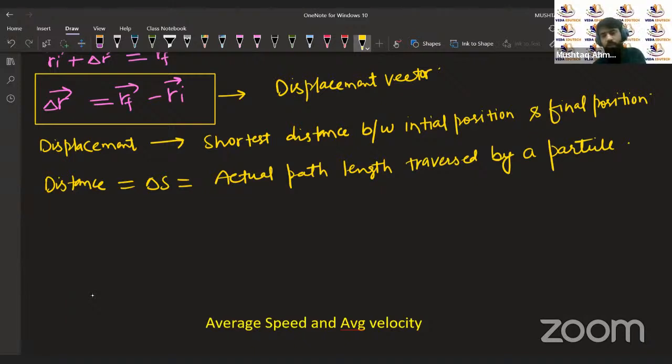Displacement is a vector quantity. It's the final position vector minus the initial position vector, directed towards the final point from the initial position. But distance is not a vector quantity, it's a scalar quantity. It has no direction, it's just the actual path length traversed by a particle, right? So in general, the distance is greater than the displacement.